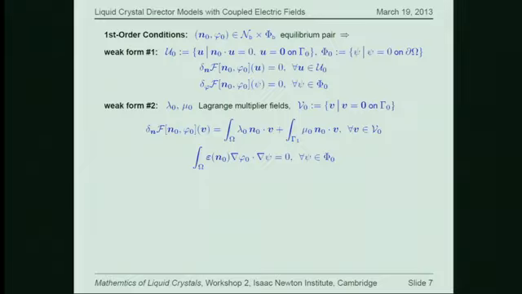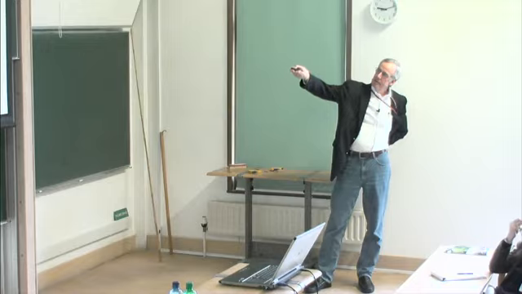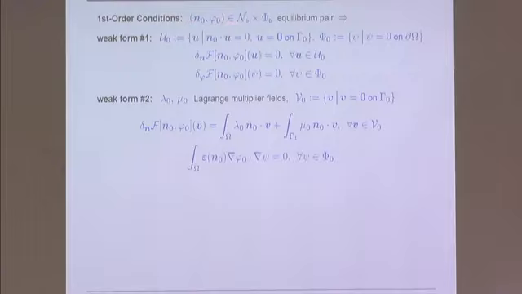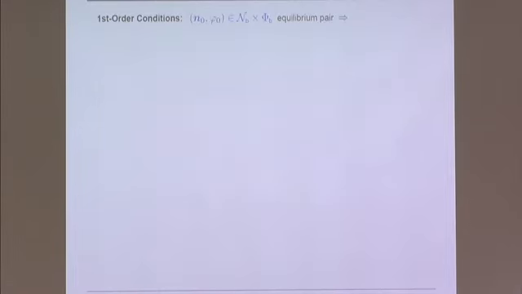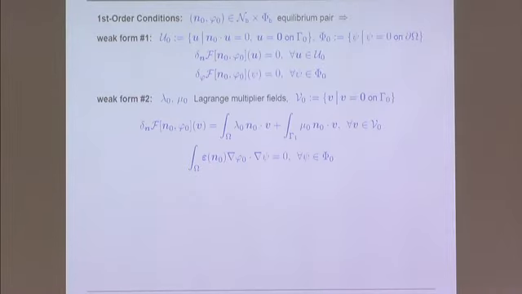So an alternate version of this would be to free up your variations and introduce appropriate Lagrange multipliers. So these fields no longer have to be in this sort of tangent space with respect to the pointwise constraint. They're free, but they do have to vanish on the Dirichlet portions of the boundary. And then the Lagrange multiplier version of this first order condition becomes this condition.